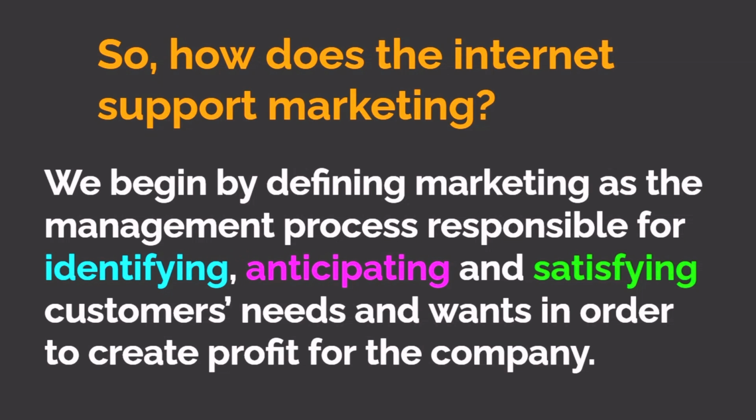Okay, then secondly, it also helps them to anticipate based on the past performance of the customers, based on the past preferences, choices, and purchases of the customers. Internet helps the marketer to anticipate what the customer will do in the nearest future.